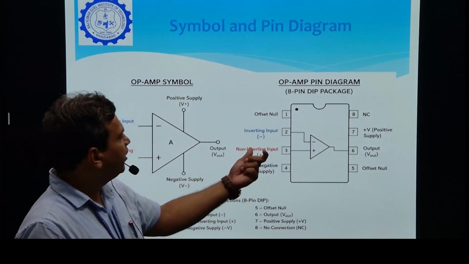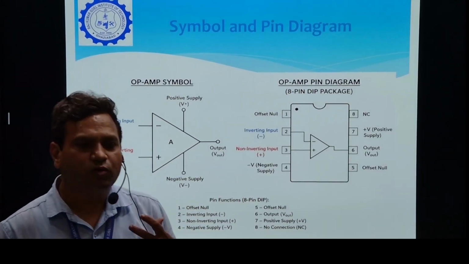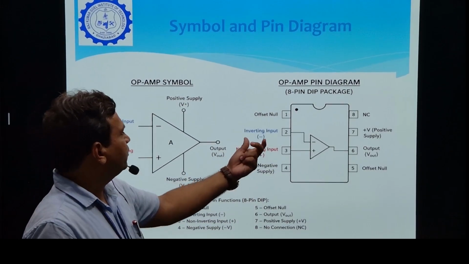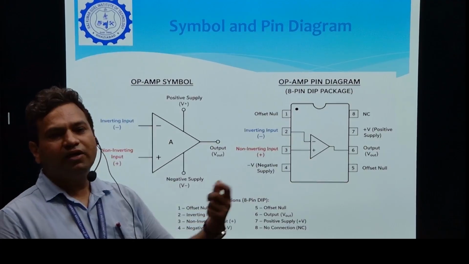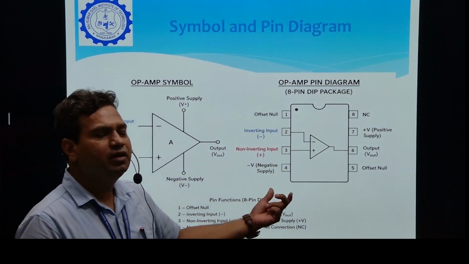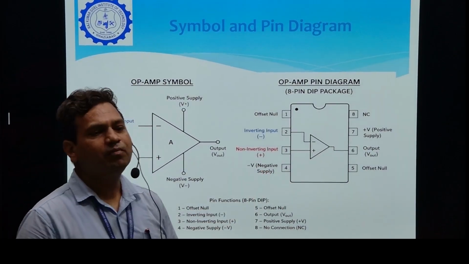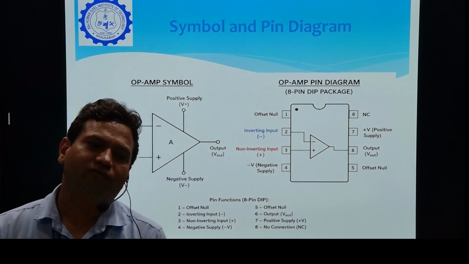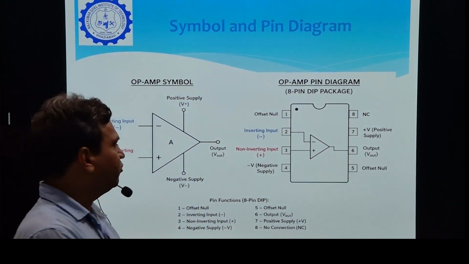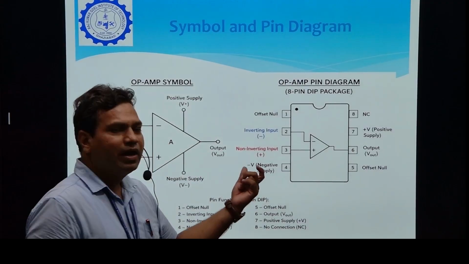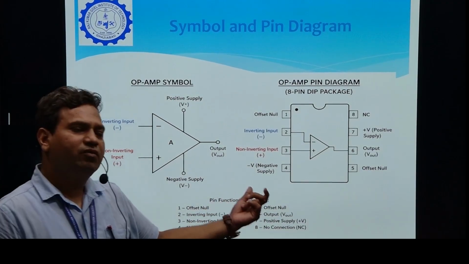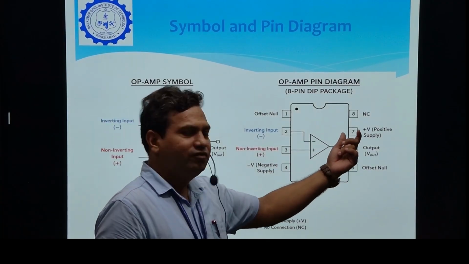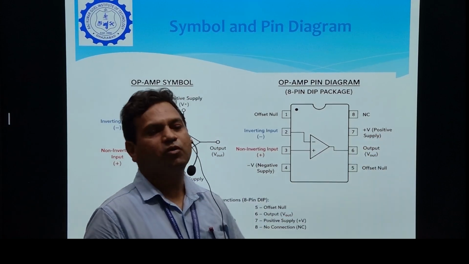Pin numbers 2 and 3 are the input terminal pins: pin 2 is the inverting input pin and pin 3 is the non-inverting input pin. Pin numbers 4 and 7 are the dual supply pins. The 741 IC is dual supply operated, in which we apply the negative supply at pin number 4 and the positive power supply at pin number 7.